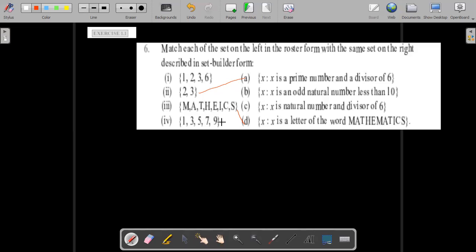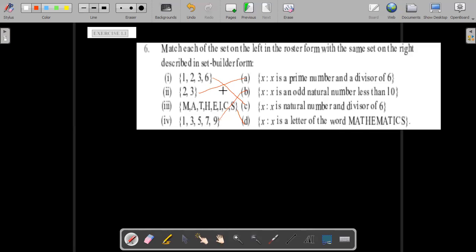And 1, 3, 5, 7: x is an odd natural number less than 10. And natural number divisors are 1, 2, 3, 6. So first is C, because x is a natural number and divisor of 6.